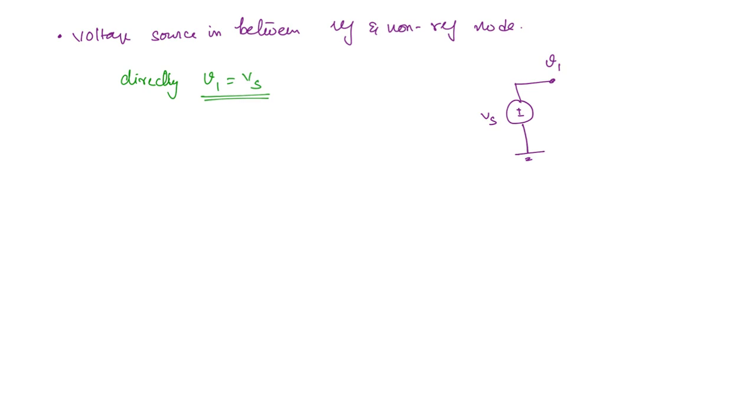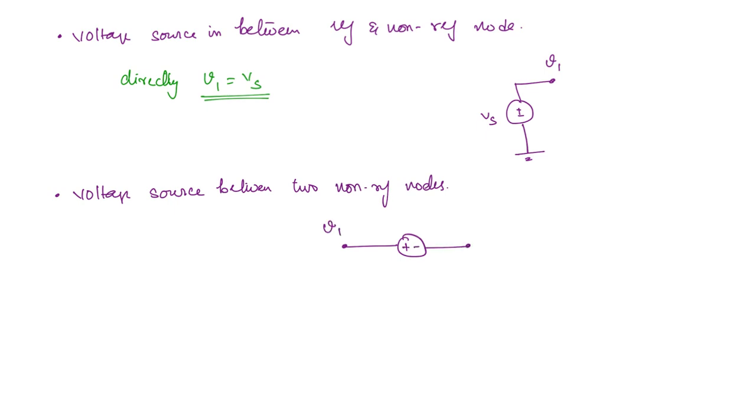Now another case is when a voltage source is present between two non-reference nodes. In this case, what will you do? Let us say there is a node here, a voltage source here, and another node here. So this is V1 and this is V2, and this is Vs. Then the equation here is V1 minus V2 is equal to Vs. Why V1 minus V2 and not V2 minus V1?